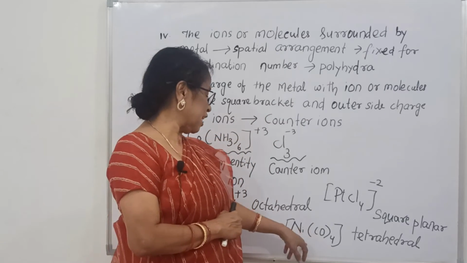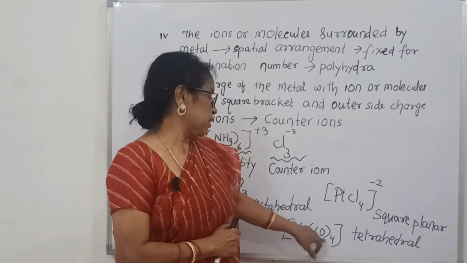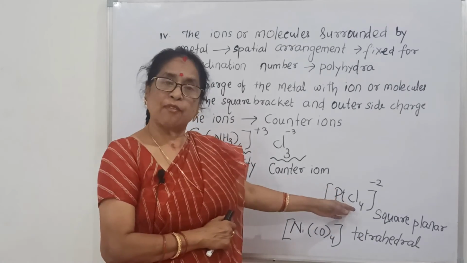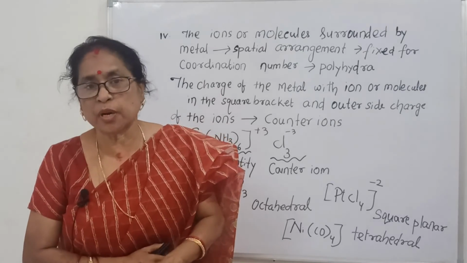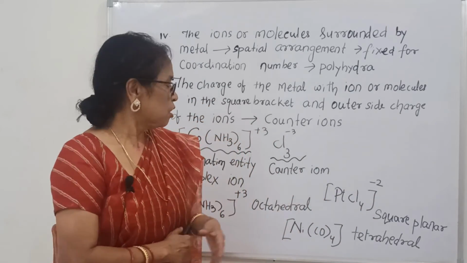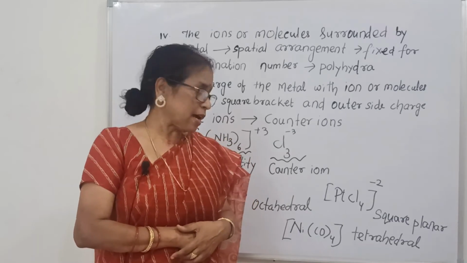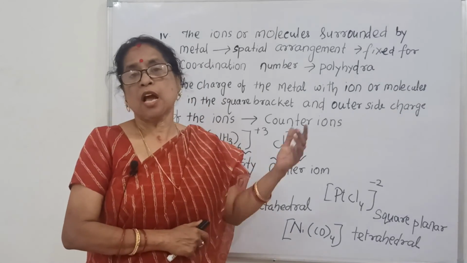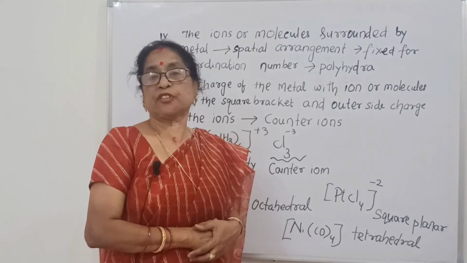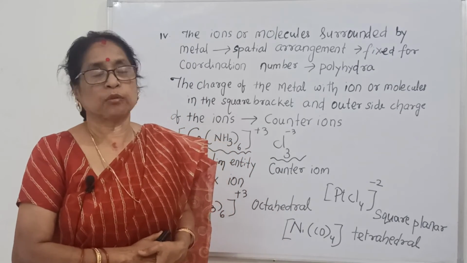So nickel tetracarbonyl has a tetrahedral structure. Both have 4 coordination number, but they have 2 types of structure, square planar and tetrahedral. I will explain this in the topic hybridization in coordination compounds.